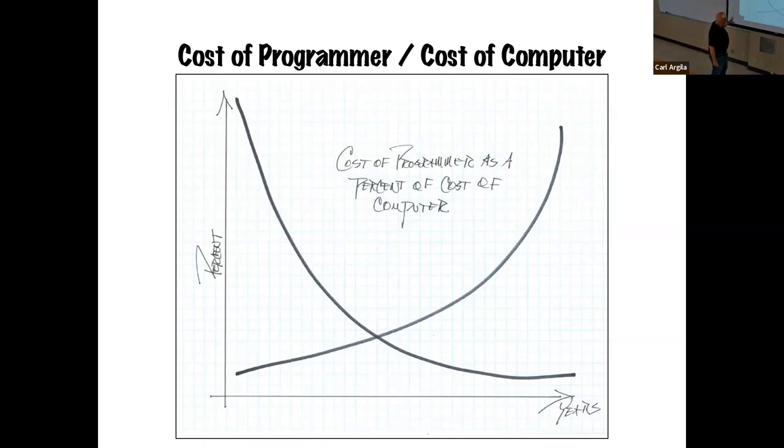So this 1% figure has flipped over my lifetime. The cost of the programmer, 1% the cost of the computer. The cost of the computer, 1% the cost of the programmer.